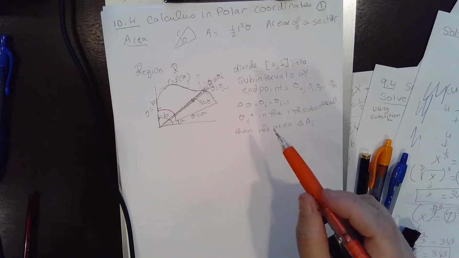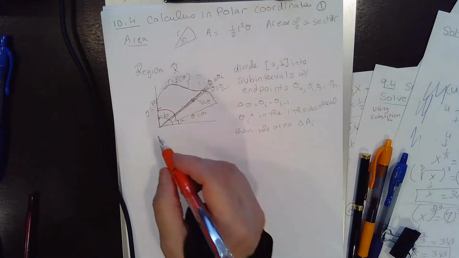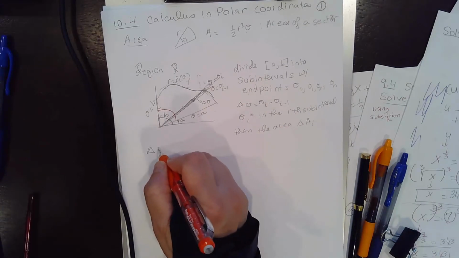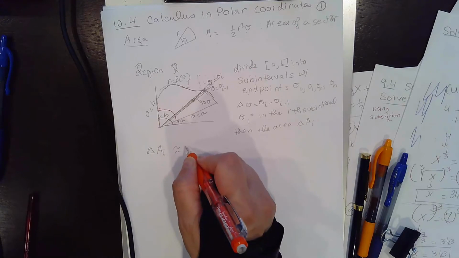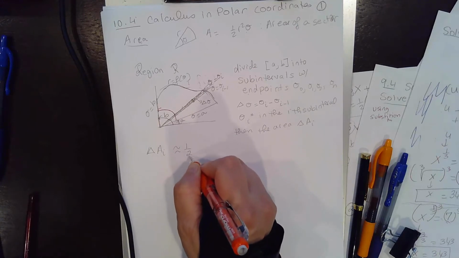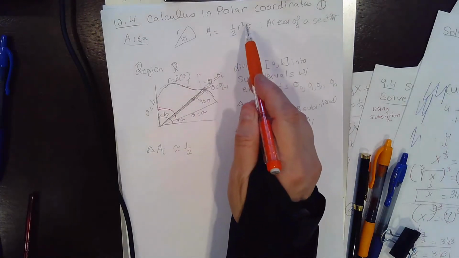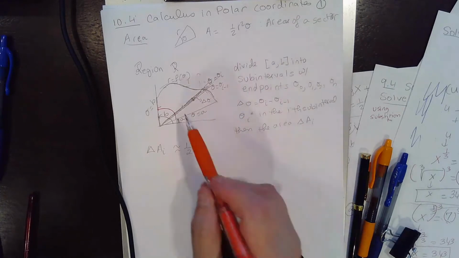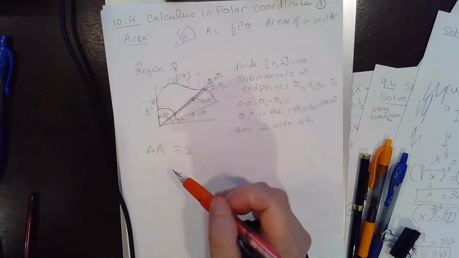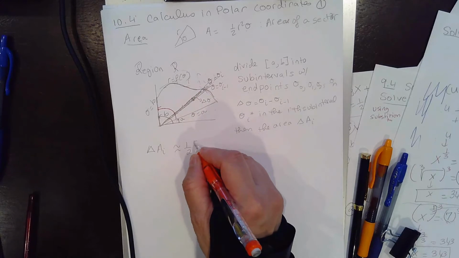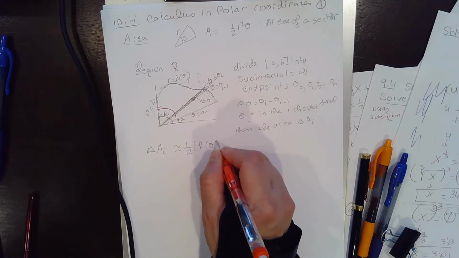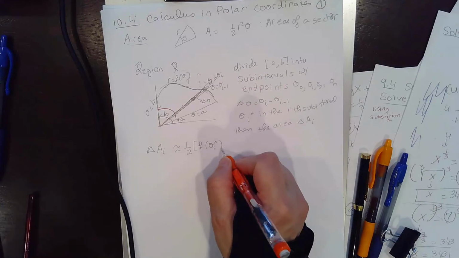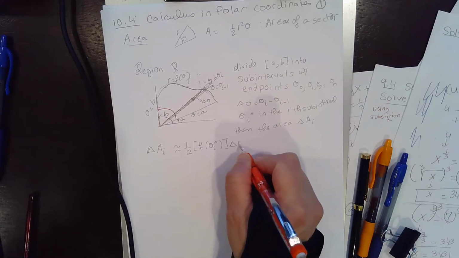So how do we do this? Delta A i is approximately 1/2 r squared theta. r is f theta. So we have f of theta i star, I'm using i star as a point in the subinterval, squared, delta theta.